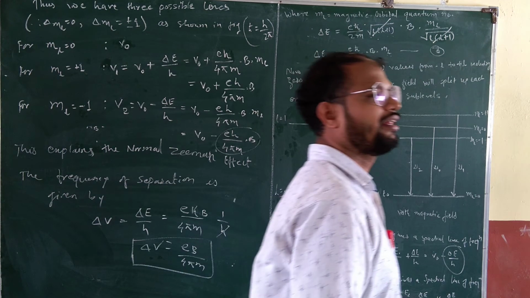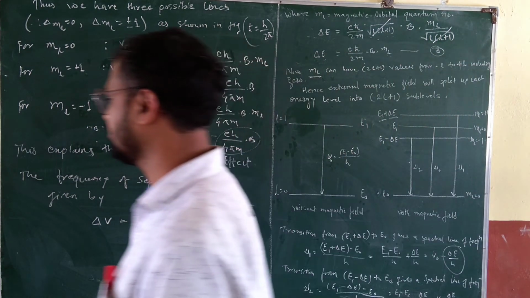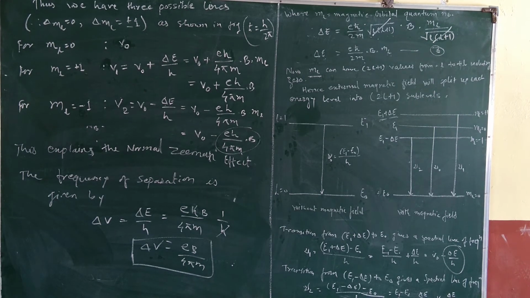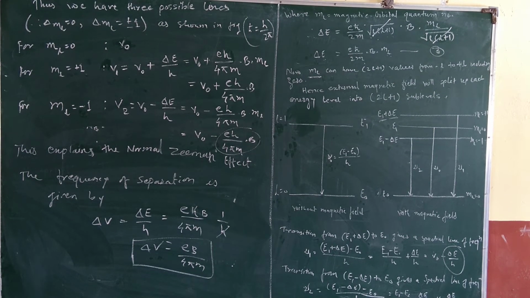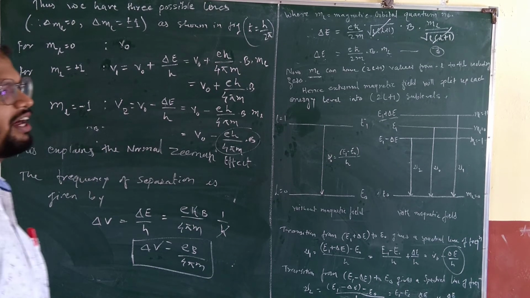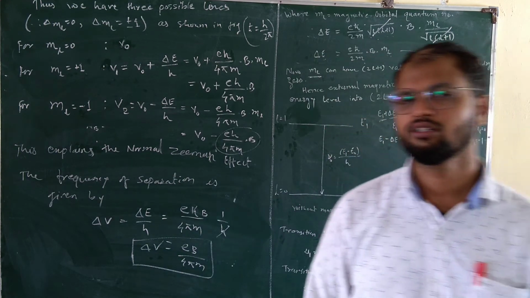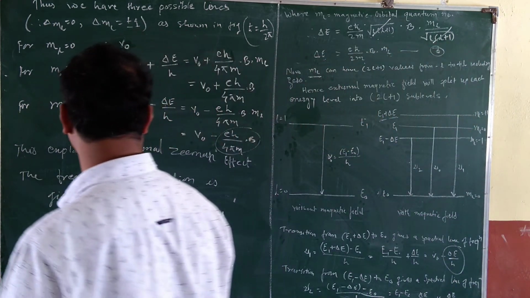Here the value of cos theta is m l into h cross upon under root of l(l+1) h cross, so h cross gets cancelled out.